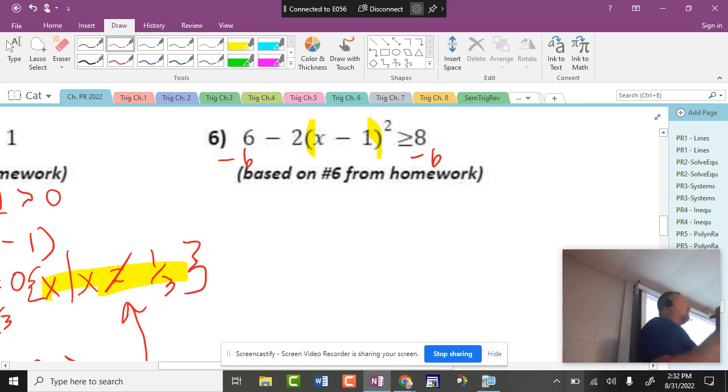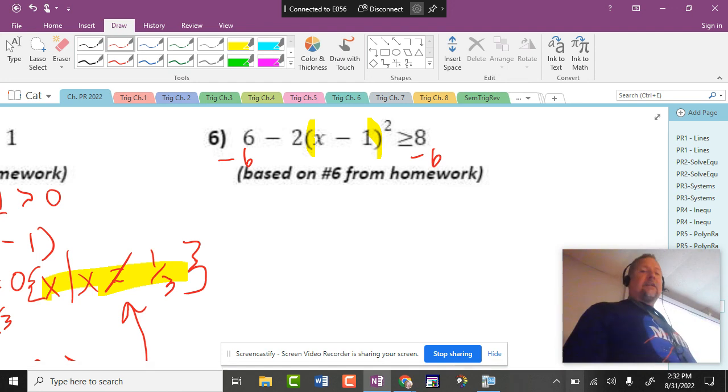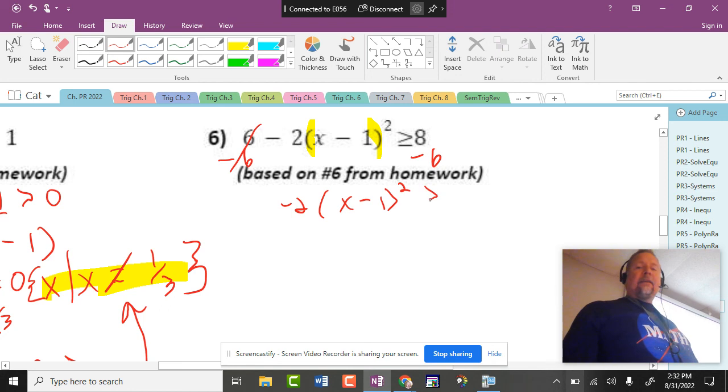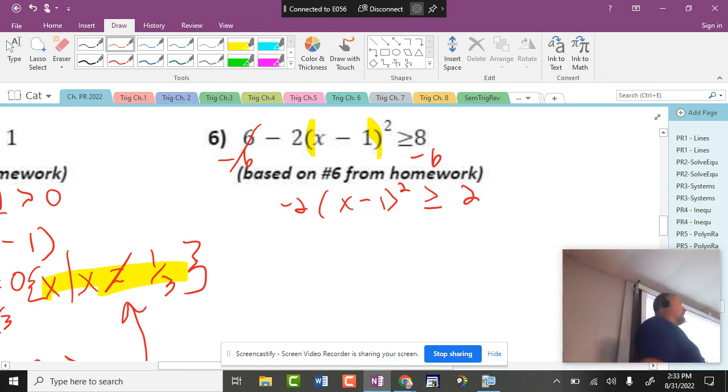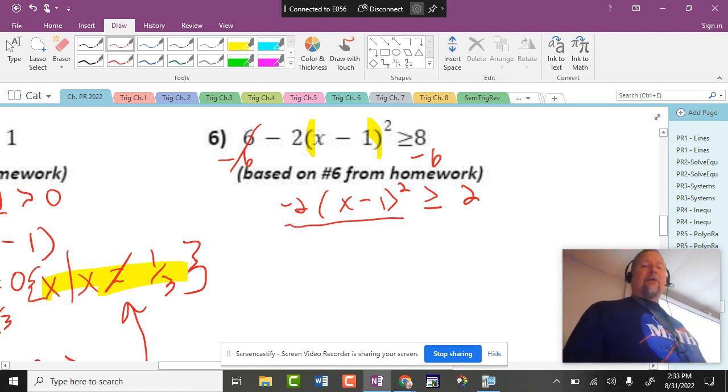It's bad to do it anyway. You get rid of the 6 first, and it is minus because that minus is attached to this. And then I guess I get why the other teachers are ignoring this, because then they're making them not memorize the flip thing. By the way, when I divide by a negative, what should happen? I just said it. Flip.